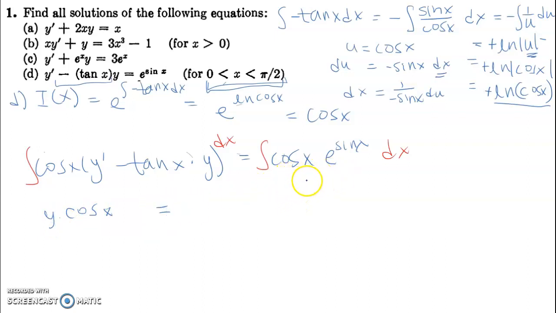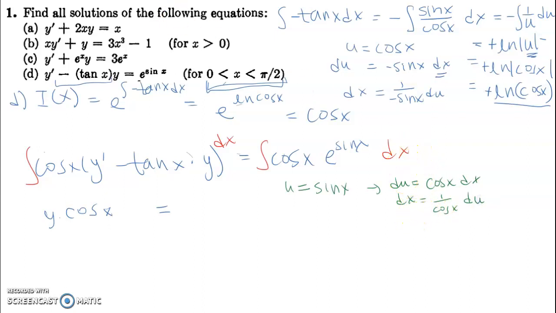It seems like we have to use substitution again. This time let me let u be sine of x. If I do that, then my du is going to be cosine of x dx. So dx is going to be 1 over cosine of x times du.